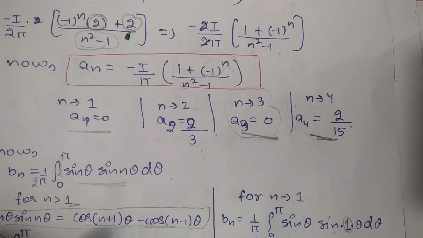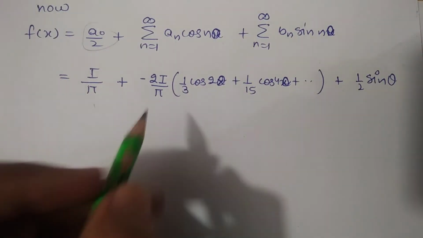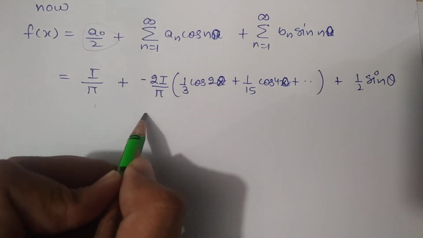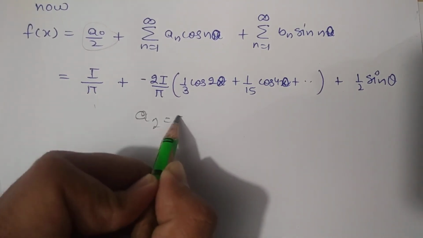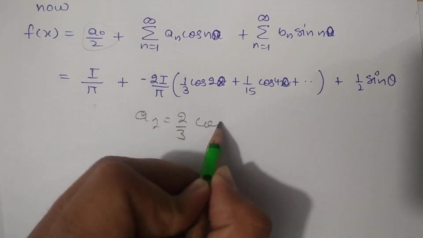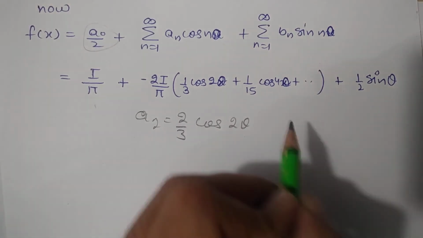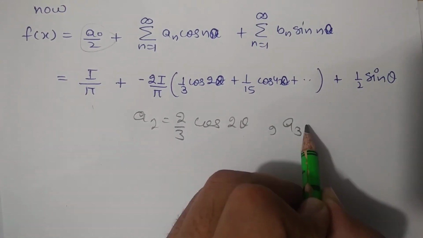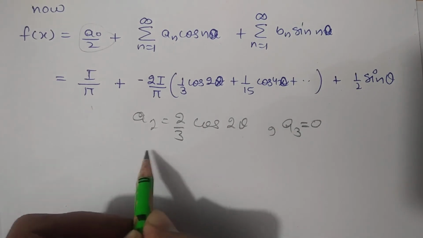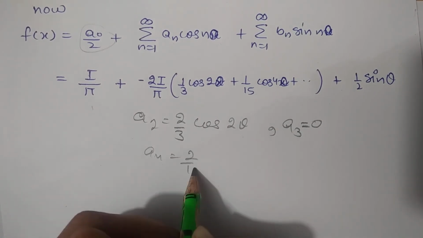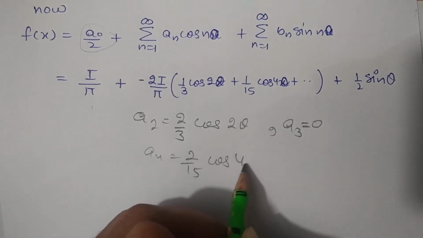So I am just going to put it over there, and here, students, just see the value: a2 is 2 by 3 and inside will be cos 2 theta, and a3 is 0, and for a4 that will be 2 by 15 cos 4 theta.